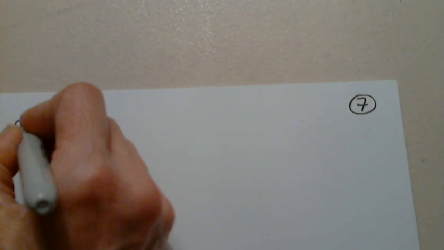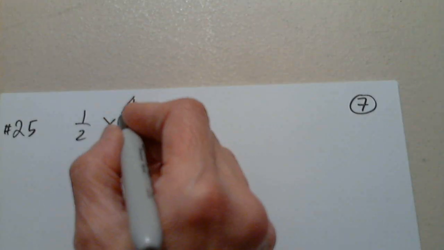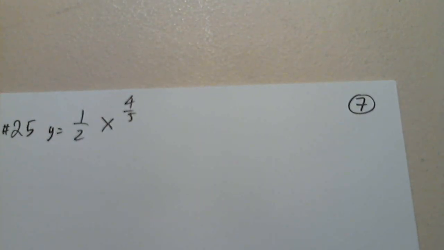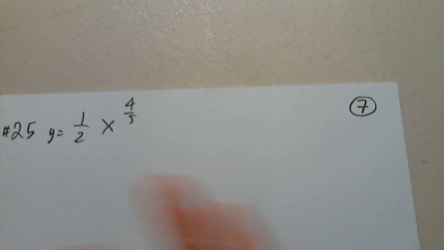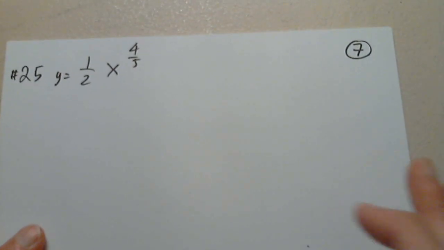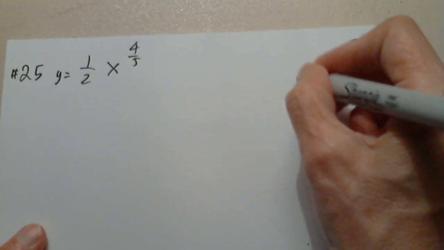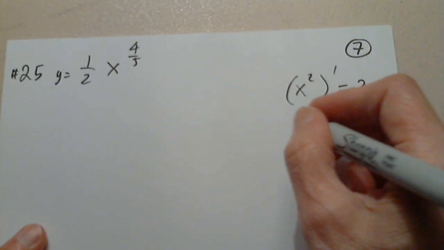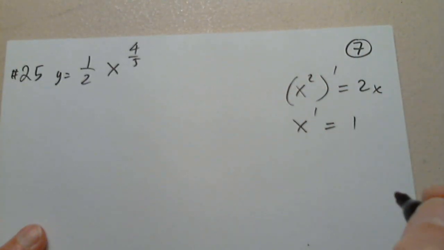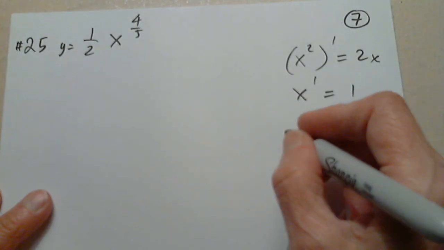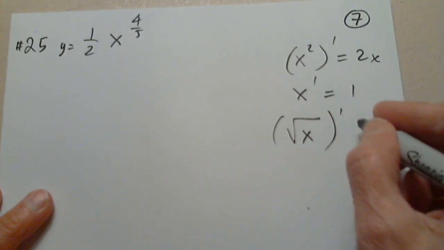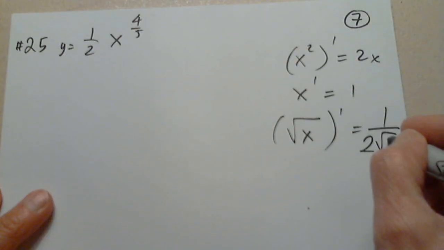Okay, in 25, so let me copy it. So this is 1/2 x to 4/5. So here's what we remember so far. We remember that x squared prime is 2x. We remember that x prime is 1. And now what I would like us to remember is that the square root of x prime is 1 over 2 the square root of x.